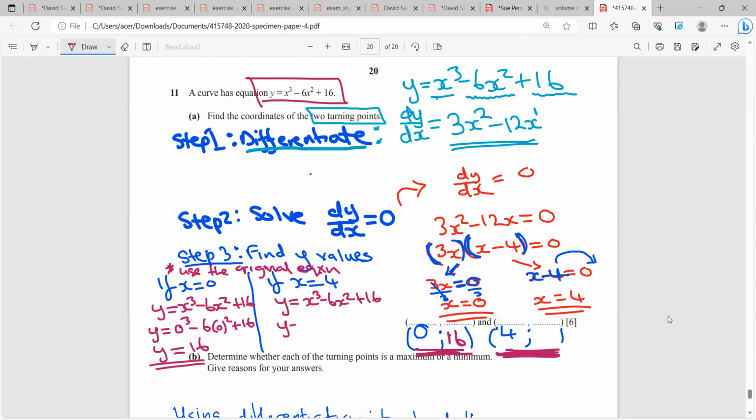Then we're doing substitution. We're taking 4 and replacing all the x values in our original equation with 4. So 4 cubed minus 6 times 4 squared plus 16.